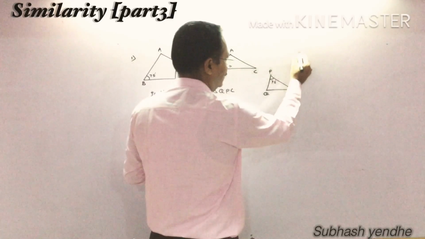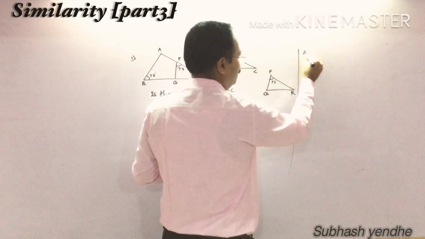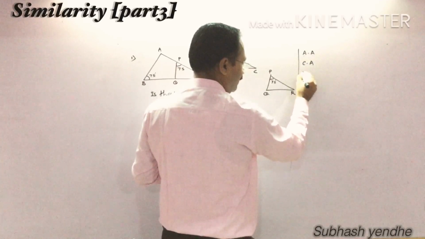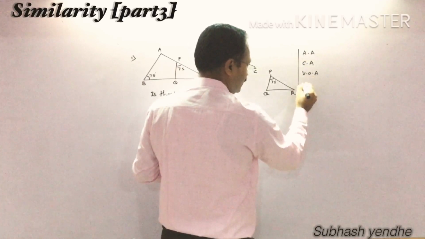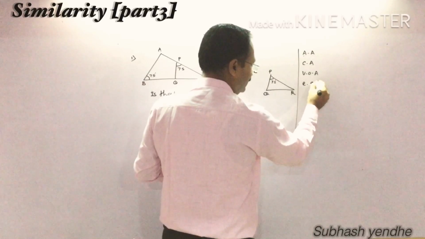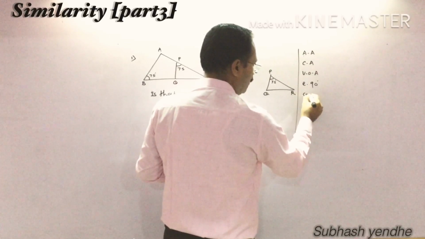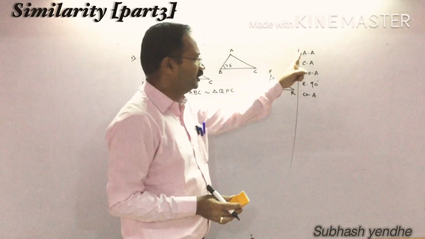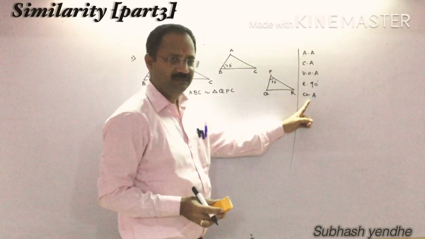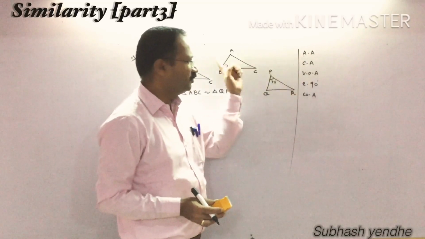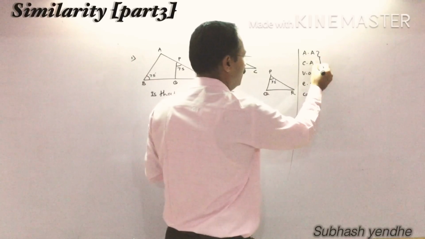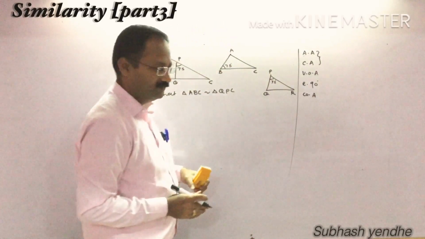And for the AA test, we have 5 angles: alternate angle, corresponding angle, vertically opposite angle, each of 90, and the last one is a common angle. Always remember these 5 angles. So I am going to ask one by one, are alternate angle and corresponding angles there? No, because lines are not parallel in these figures.